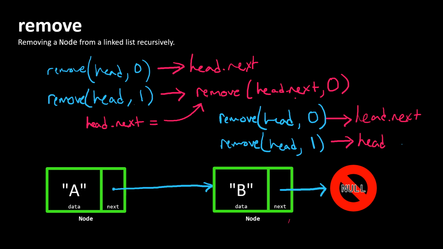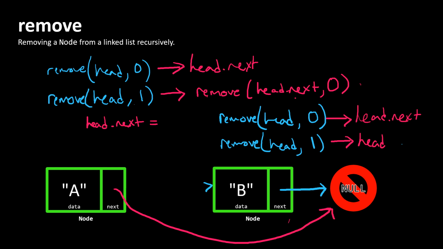And then what's going to happen is when we say head.next is result of remove head.next with 0 as the two arguments, we know that's going to resolve in head.next, which was a base case, and when we're dealing with only B, that's going to be null. So what's going to happen is head.next is going to be assigned a reference to null. And finally, we're going to give, as a result of this function call, a reference of the head node back.